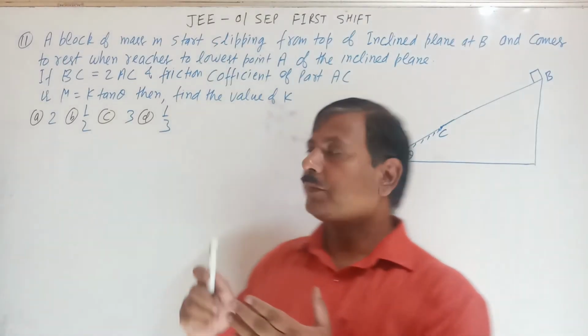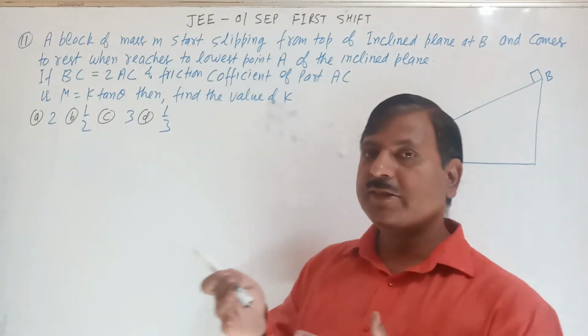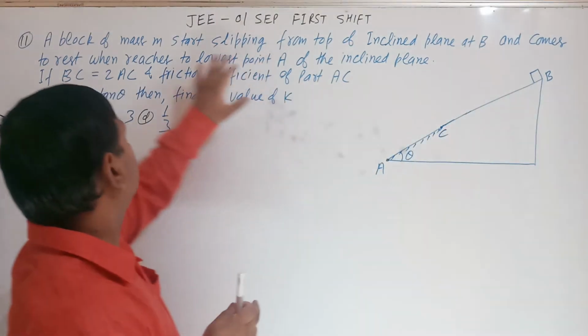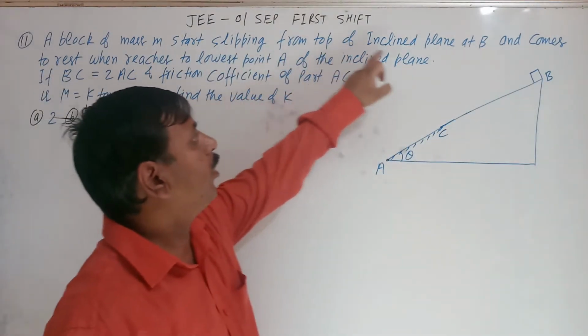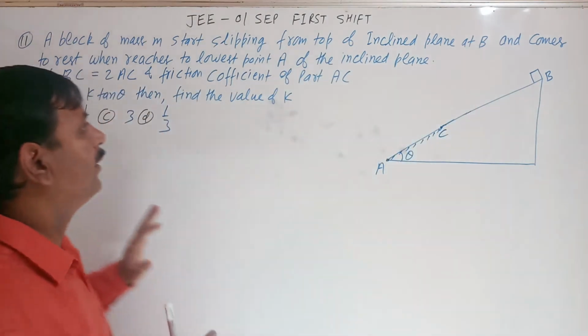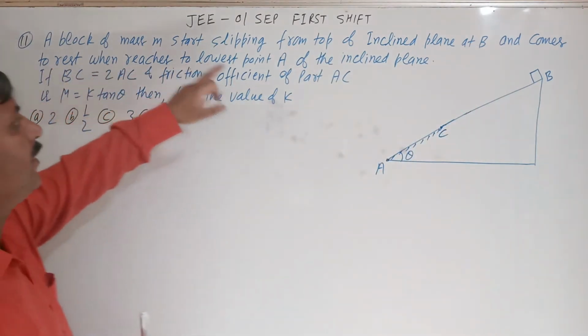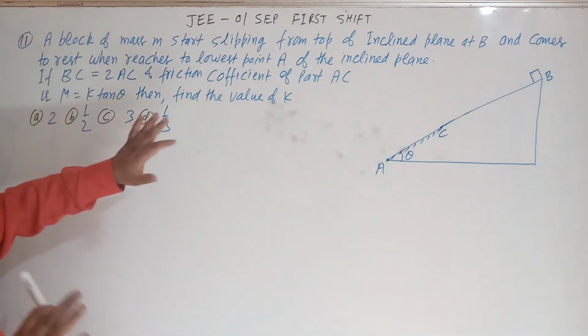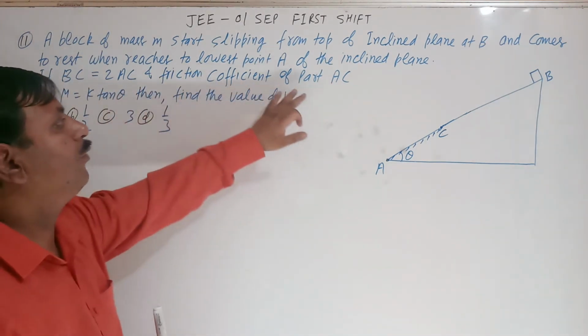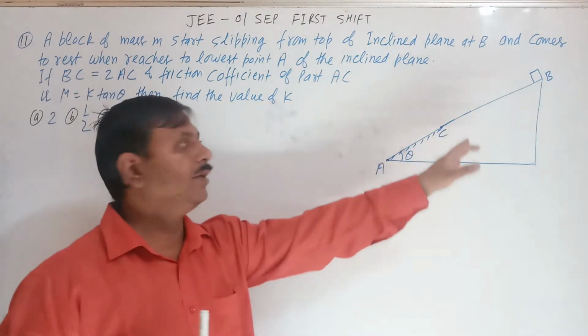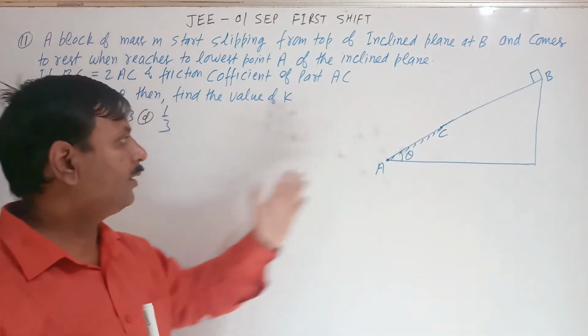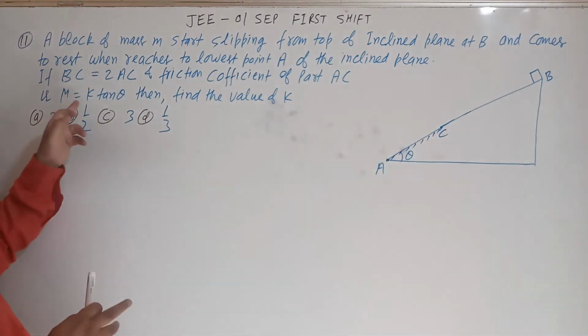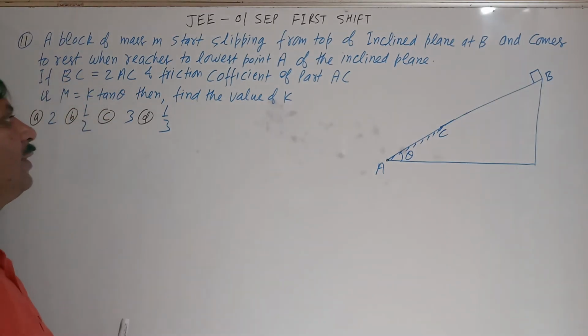They have given a block of mass M starting to slip from the top B of an inclined plane and it comes to rest when it reaches the lowest point A. BC is equal to 2AC. CB is smooth, but part AC has friction coefficient mu equal to K tan theta.